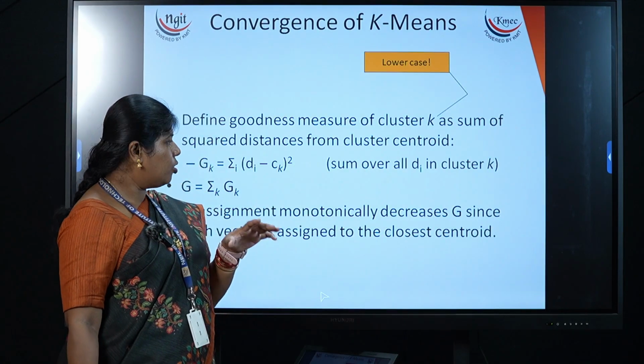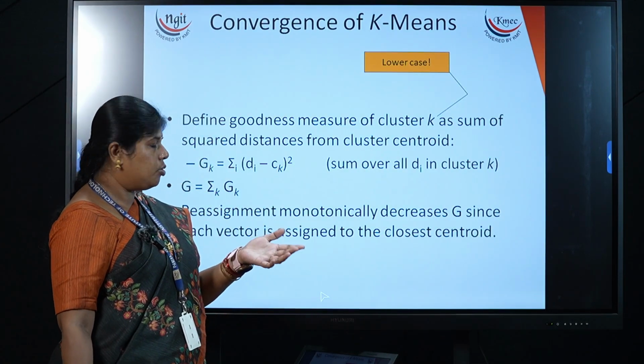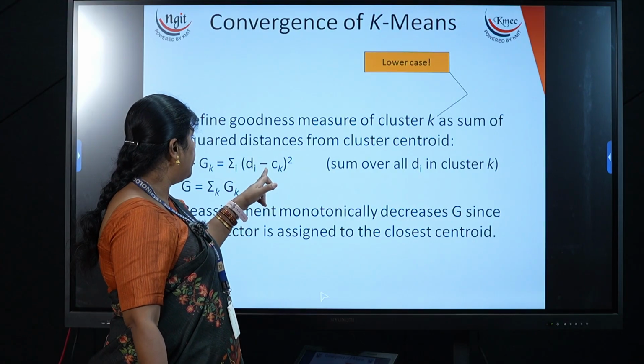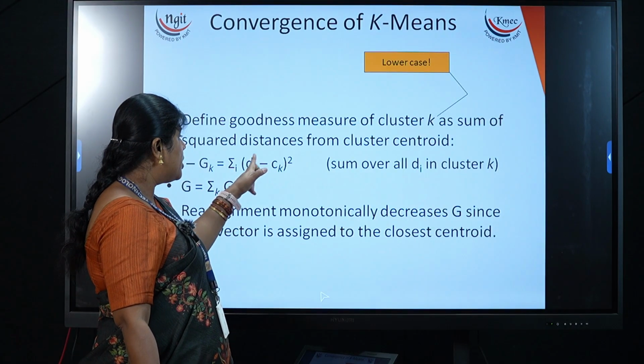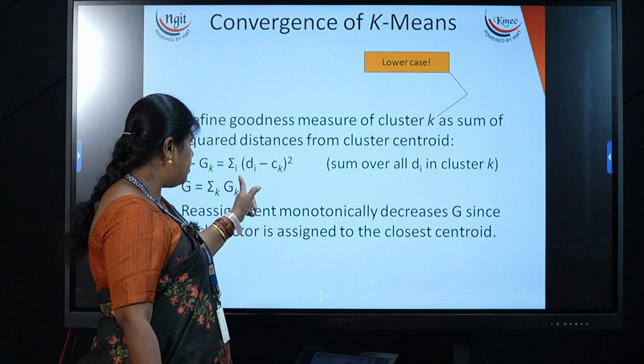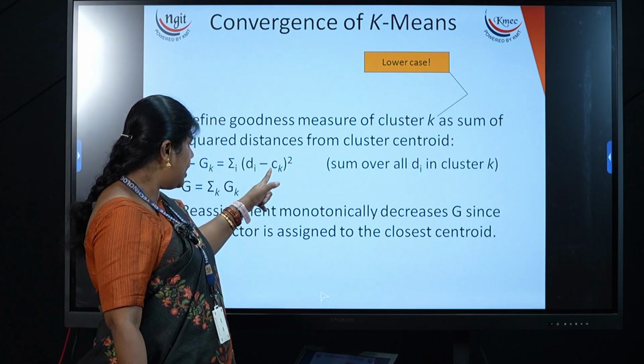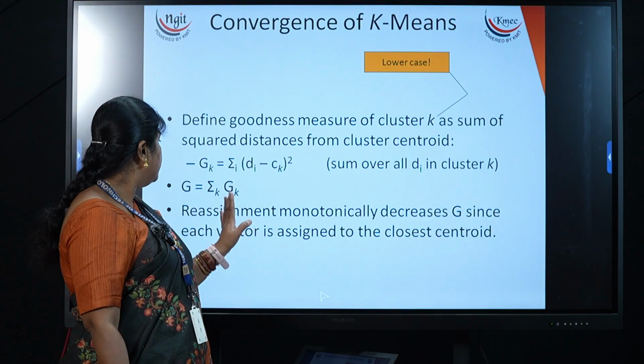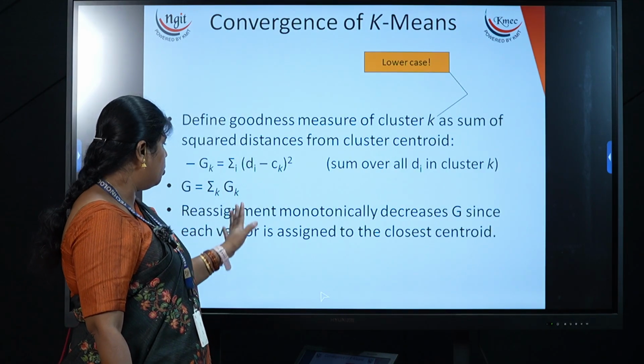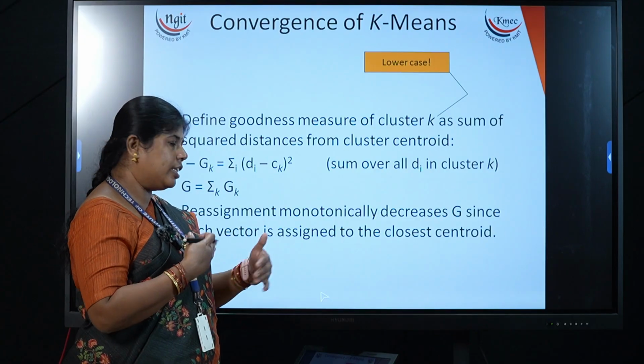Now, I want a document Di to be put into a particular cluster. Then what will I find out? A sum of squares of the distance between the document and the centroid, and this is what is called the goodness measure. Then I will find the sum of all such goodness measures, and based on that I will change the assignment.